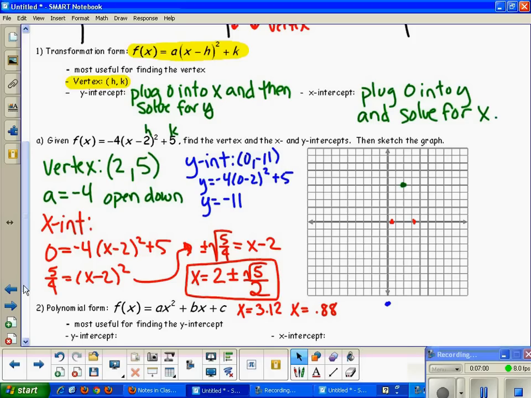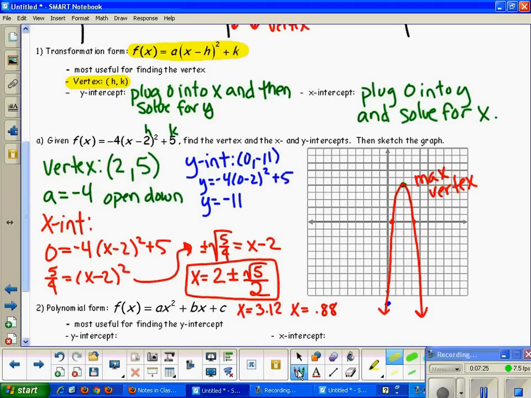And then the last part I need to do is just sketch my graph. So to sketch my graph, I know that it's going to go something like this. And notice that in this case, since my vertex is the highest point, I know this is a maximum vertex. And also note that your vertex is what we call the axis of symmetry.